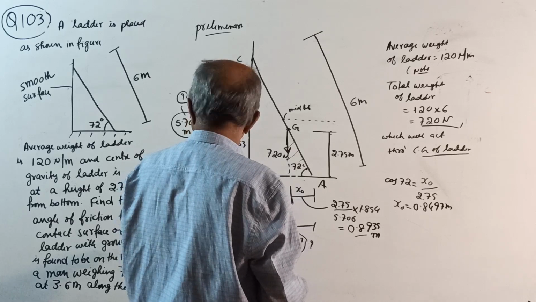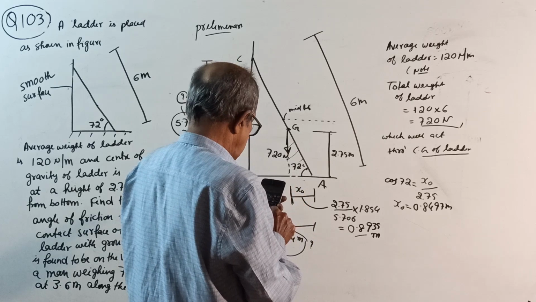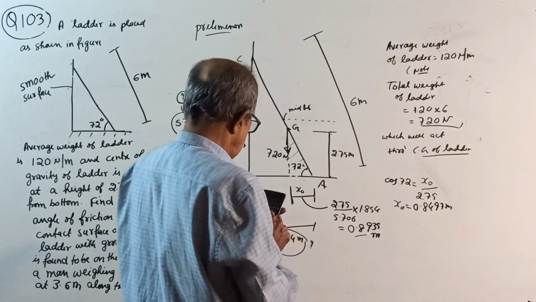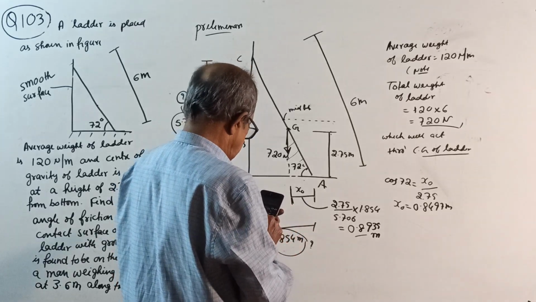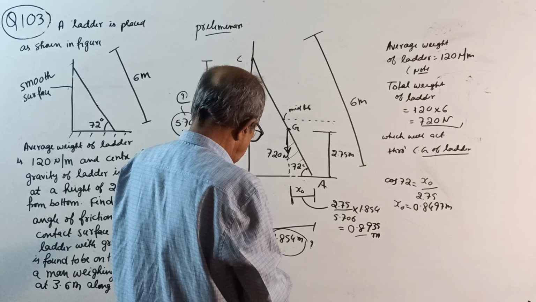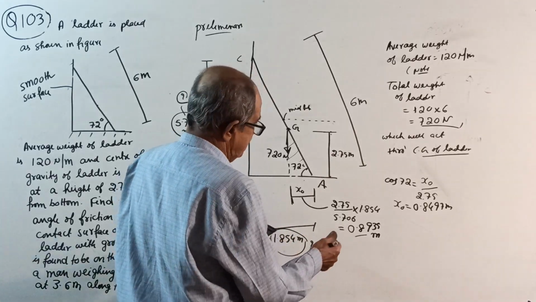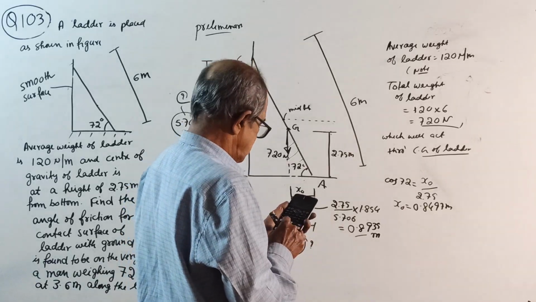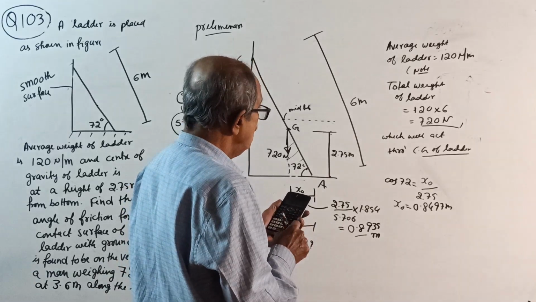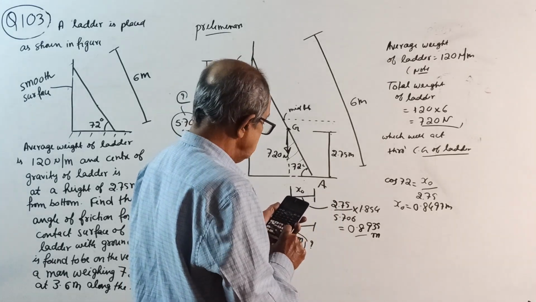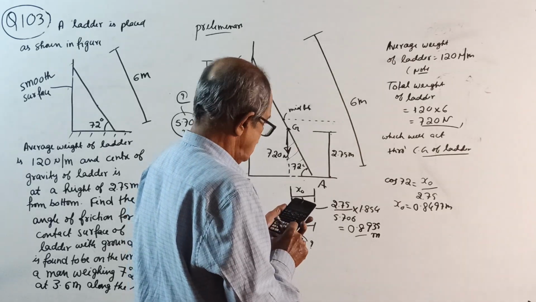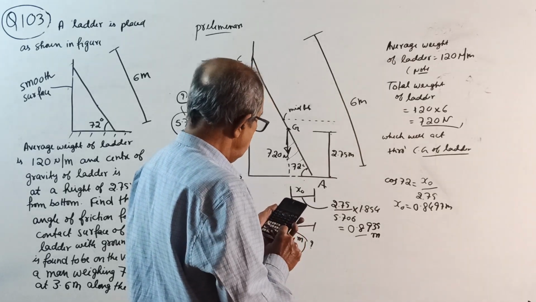At a height of 2.75 by 5.706 is the proportioning distance, into 1.854 is 0.8935. See, here it is 0.8935. There it is cos 72 into 2.75.